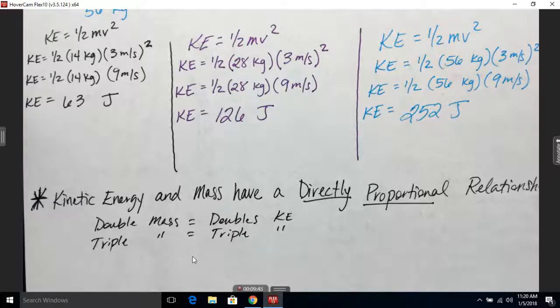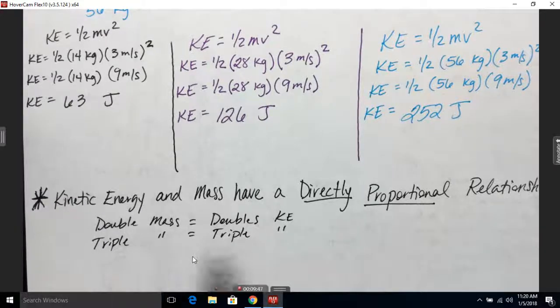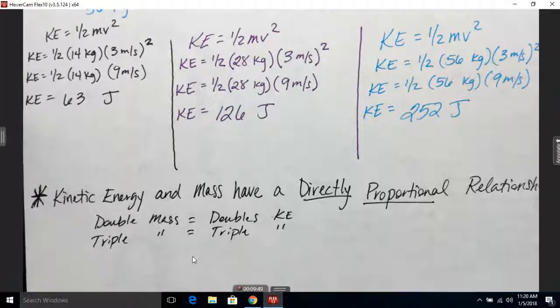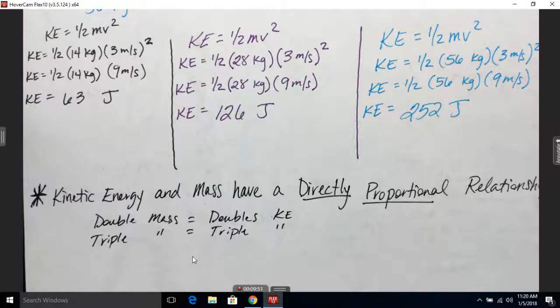So, not only do they want y'all to know this in words, they want you to show that on a graph. How would a graph show that? If kinetic energy goes up by 1, mass goes up by 1. 1, 1, 1, 1. I taught you what that's going to look like.